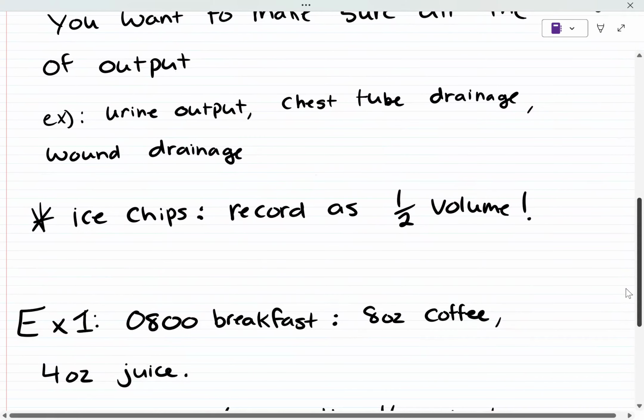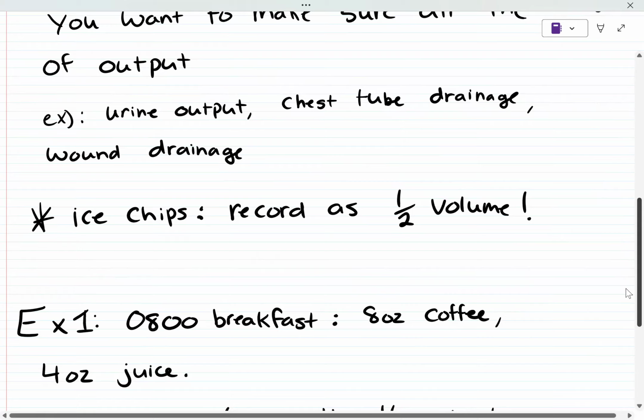Okay, I think we're only going to do one example in this video because it's pretty straightforward. In example one, at 8:00 for breakfast, we have 8 ounces of coffee and 4 ounces of juice. For lunch at 1200, we have 6 ounces of milk, 16 ounces of water, and 2 cups of ice chips.